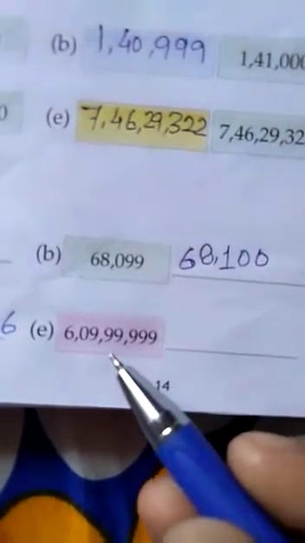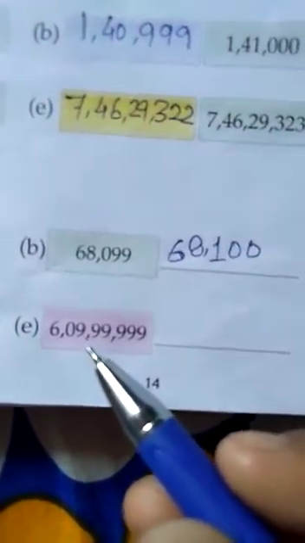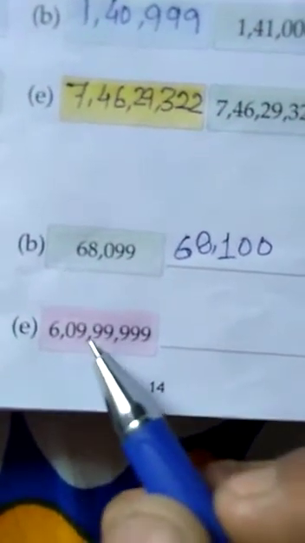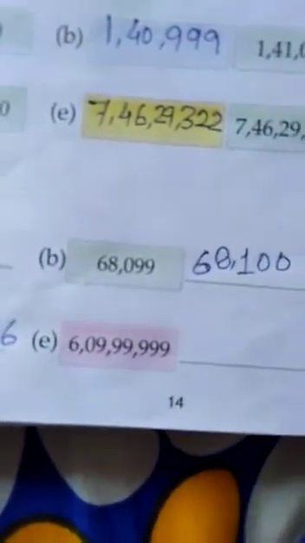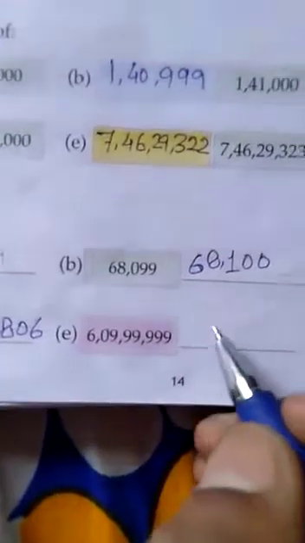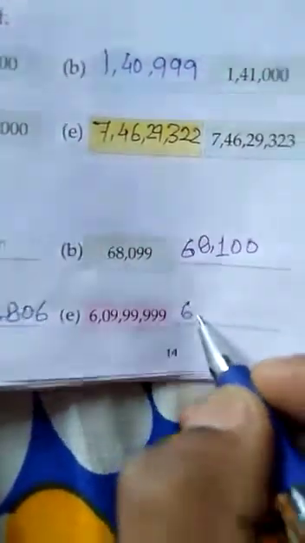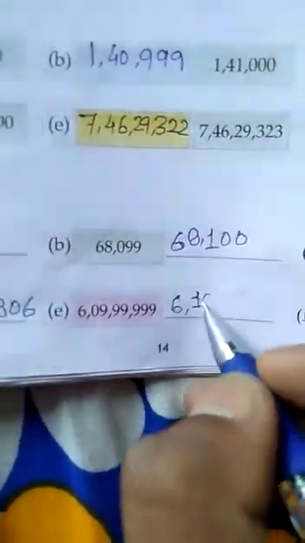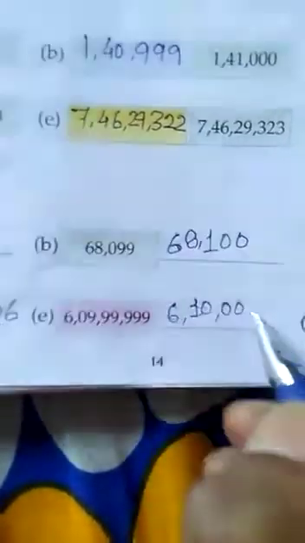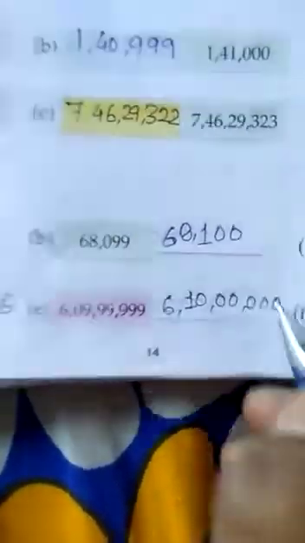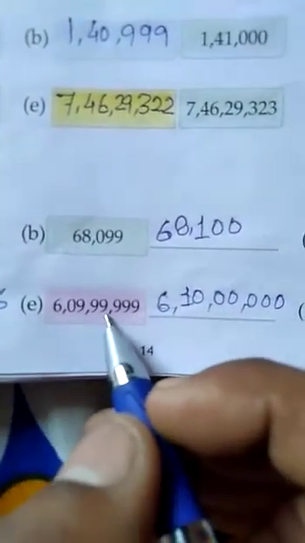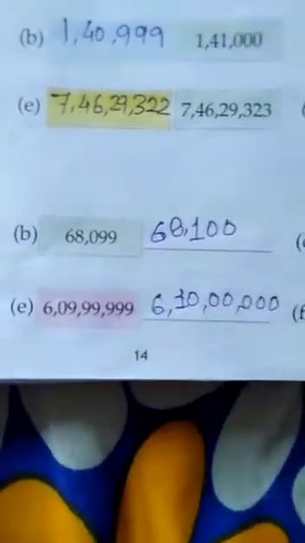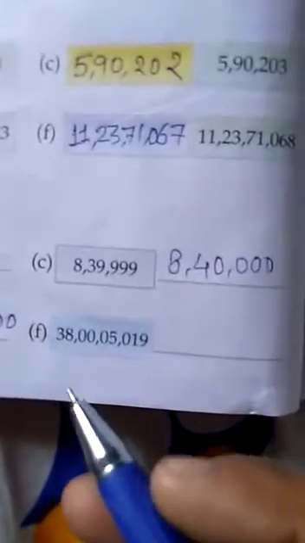Now we will do question number E. The question number E is 6,09,99,999. So we will write 6 crore 10 lakh will be the successor of 6 crore 9 lakh 99,999.